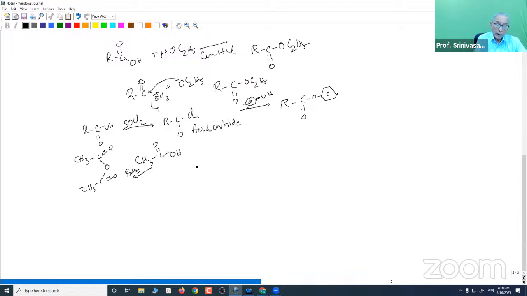It can also be formed by taking an acid chloride plus R, CO, OH.